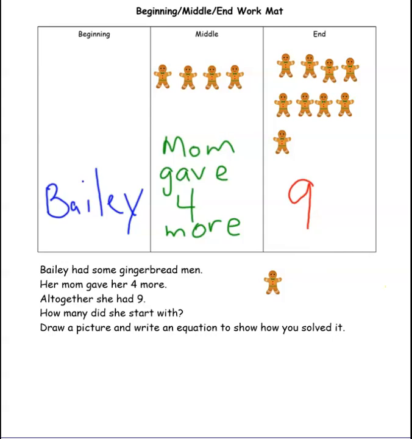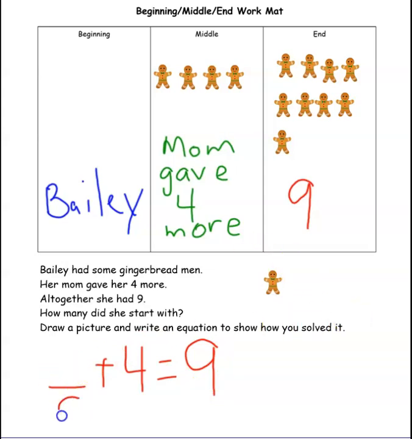So let's write an equation. So we know that Bailey had some gingerbread men. We don't know how many. We know that Mom gave her 4 more, so I'm adding 4. And we know that we had a total of 9. So how do we solve this?